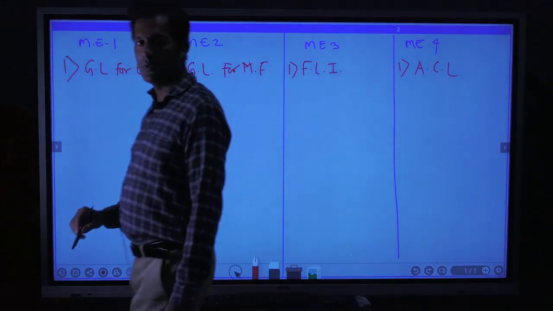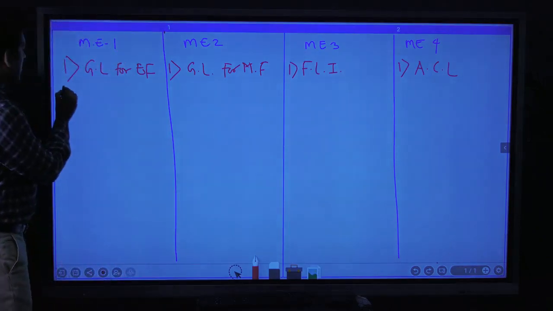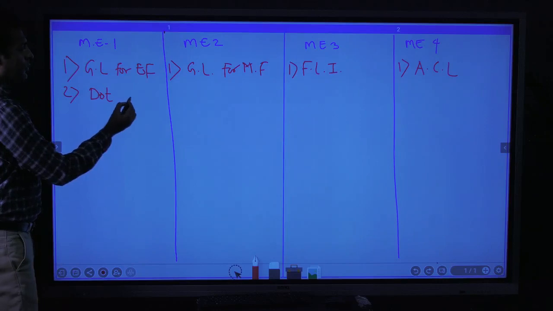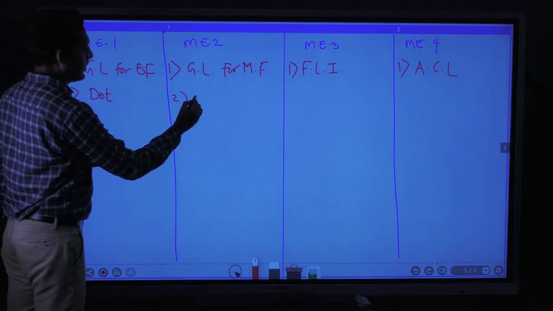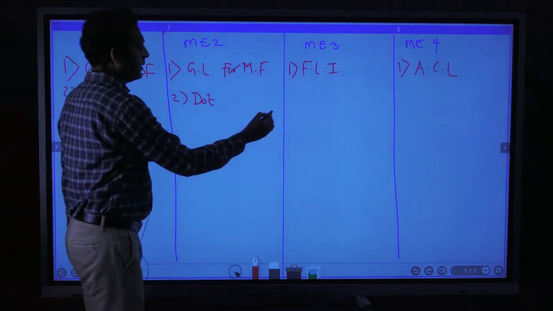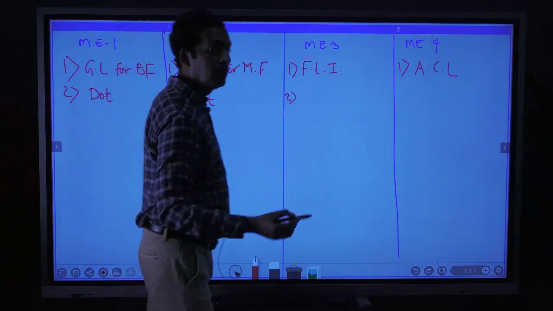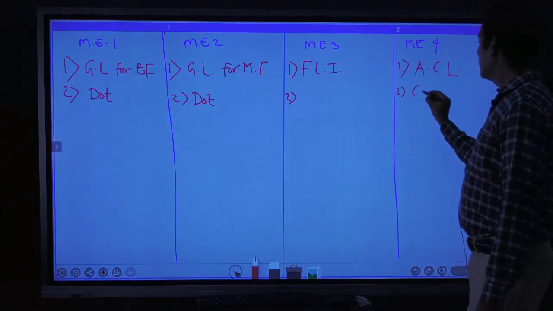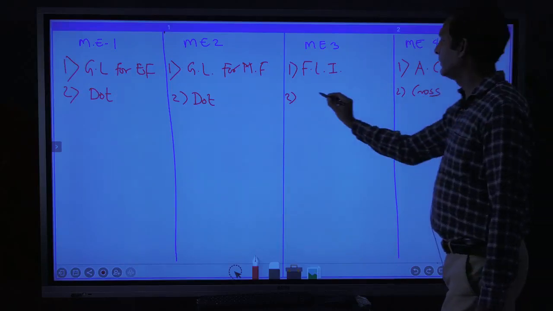Second thing we have to remember: for the first 2 equations we take the dot product. For the third and fourth we take the cross product.